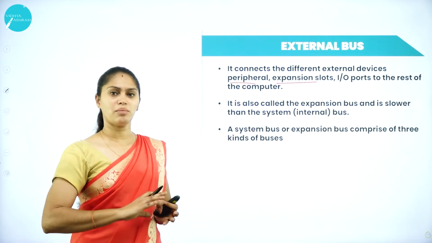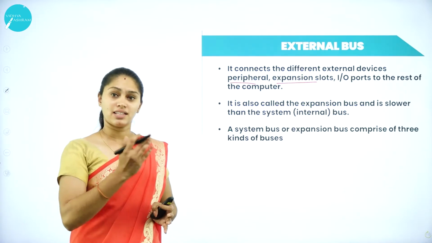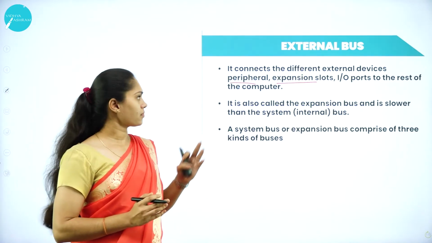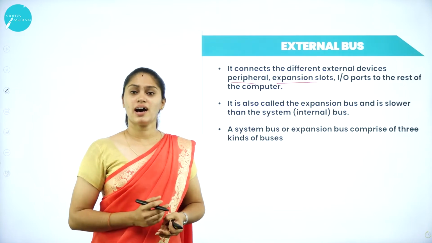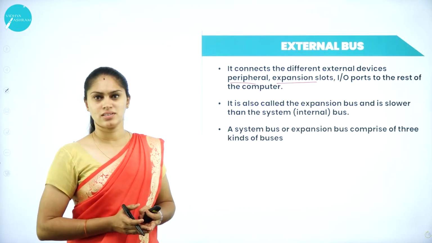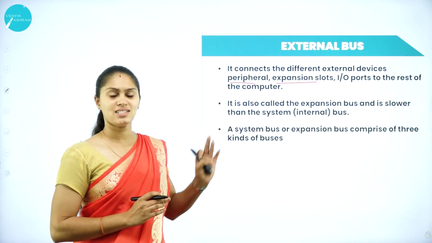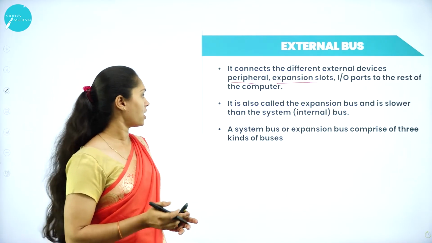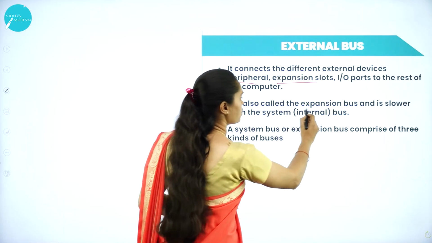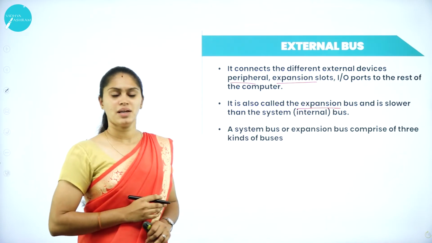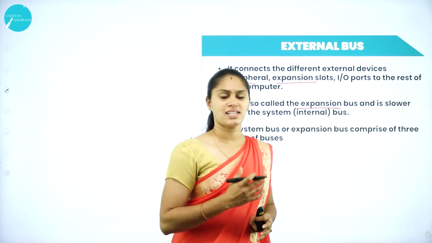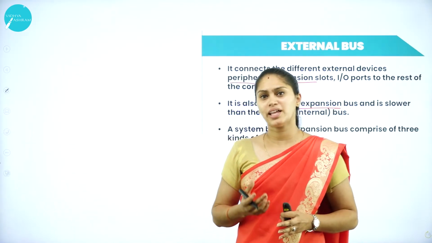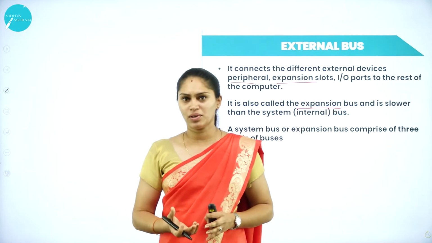So if I want to connect external devices, expansion slots or any other input-output ports, at that time I require this external bus. This external bus is also known as the expansion bus, because by using it I am able to improve the efficiency of a computer system.